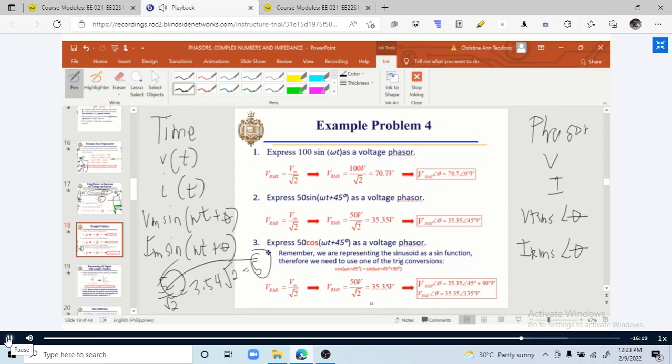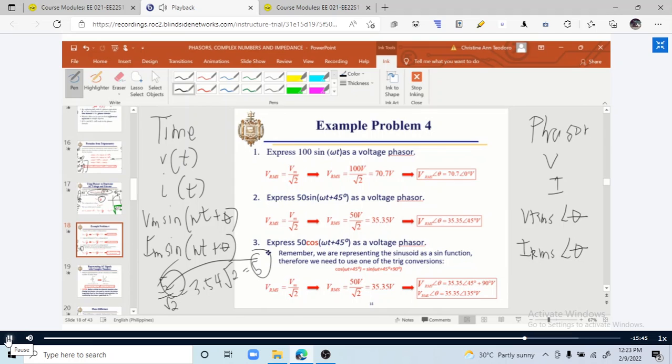But of course, if the problem says you need the time domain or equation format, we are just converting back your answer into the time domain format. If you need the equation format, you can actually proceed with the shortcut rather than the long process.